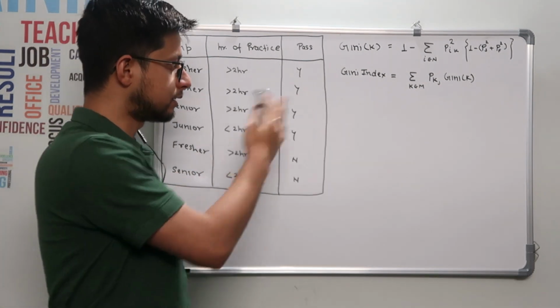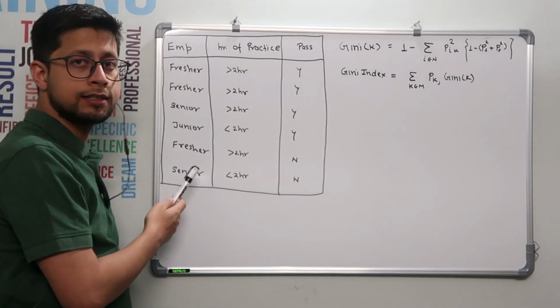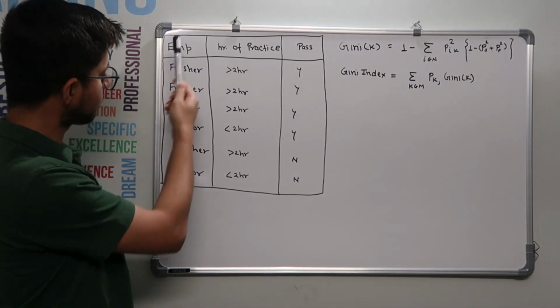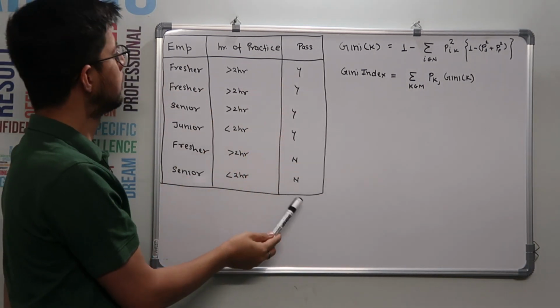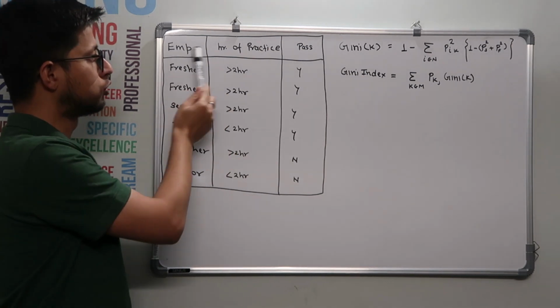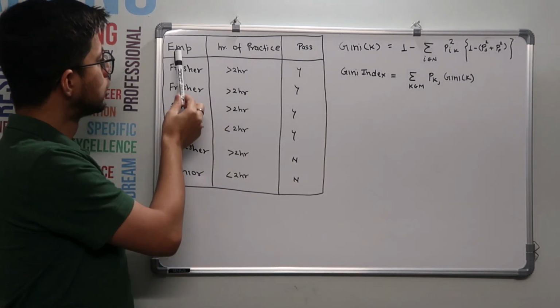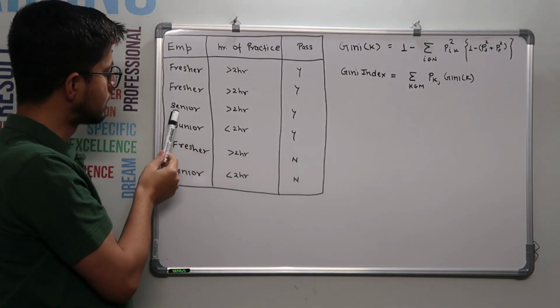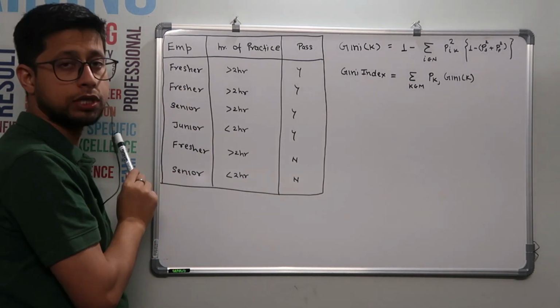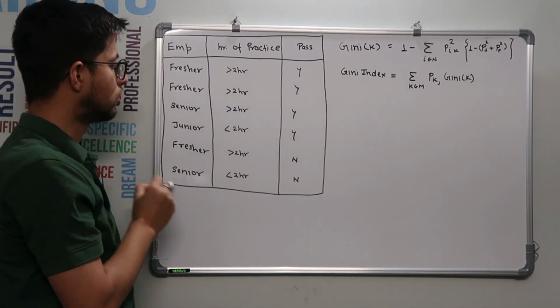So let's understand. I have a data set available with me, with 3 columns. The last column is the target variable, and the first two are the predictive variables. The first one is type of employee, whether he is a fresher, or belongs to senior level, or junior level. So there are 3 categories on this.